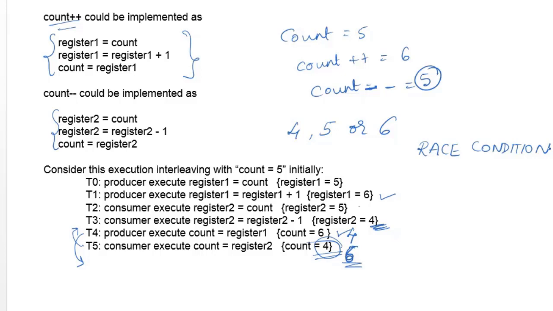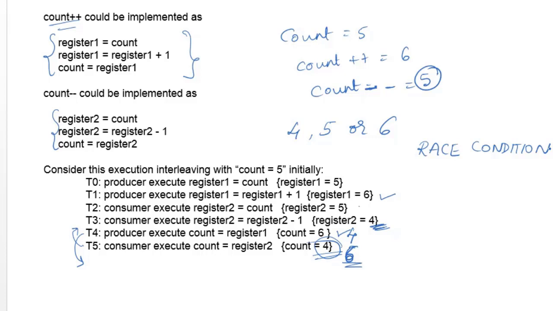I repeat, a race condition is a situation where multiple processes are accessing and manipulating the shared data at the same time, and the final result retained in the shared memory always depends on the order in which the access has taken place. Okay, this is a problem.